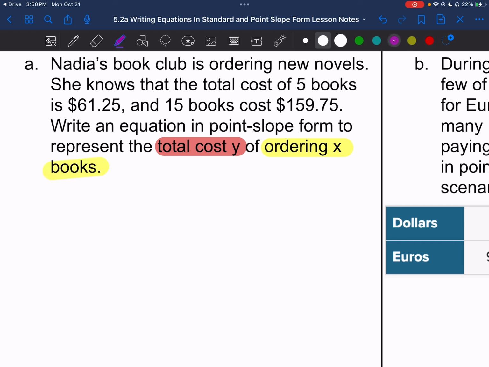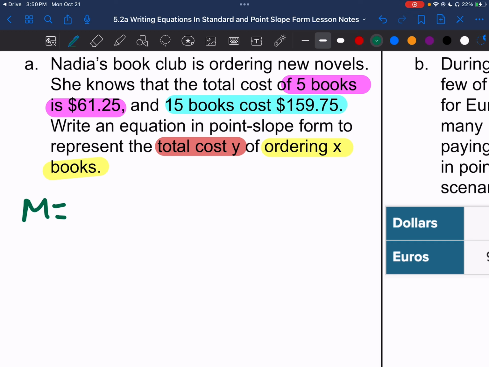Now, I have 2 pieces of information. 5 books is $61.25. 15 books is $159.75. I can calculate a slope from that. So my y values are my costs.